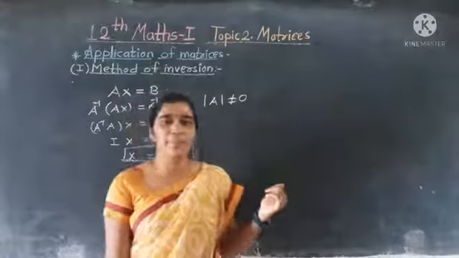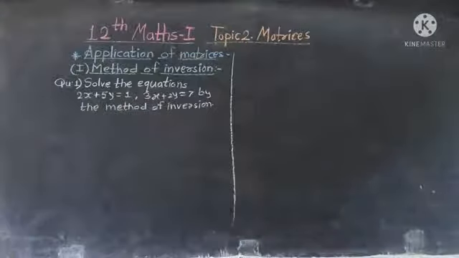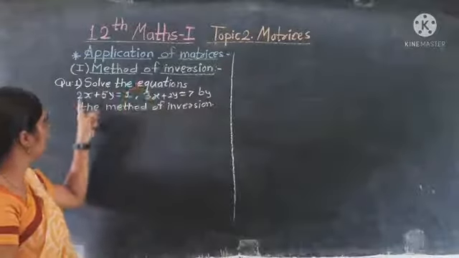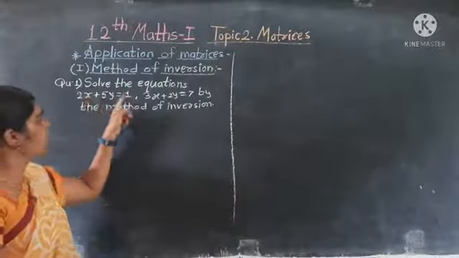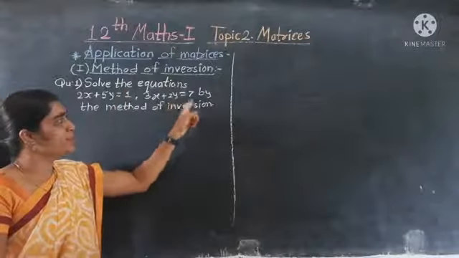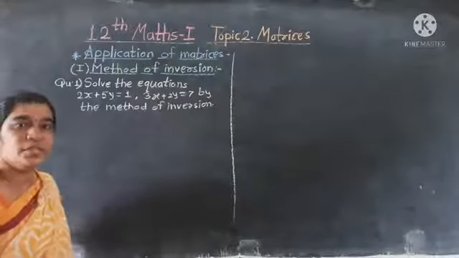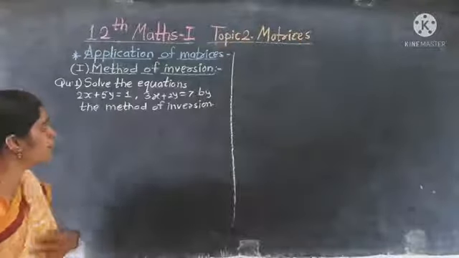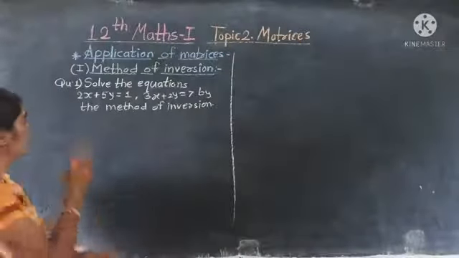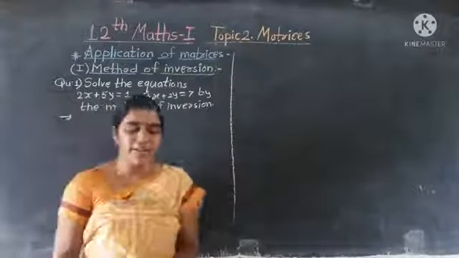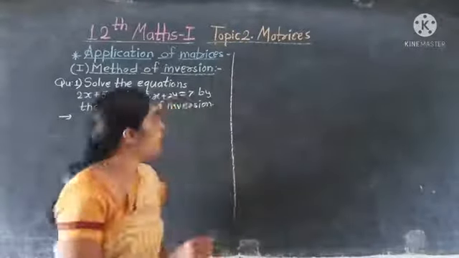We will see an example based on it. See students, example first: solve the equations 2x plus 5y is equal to 1 and 3x plus 2y is equal to 7 by the method of inversion. Here we have to find it by the method of inversion. So first, here you find determinant A also.